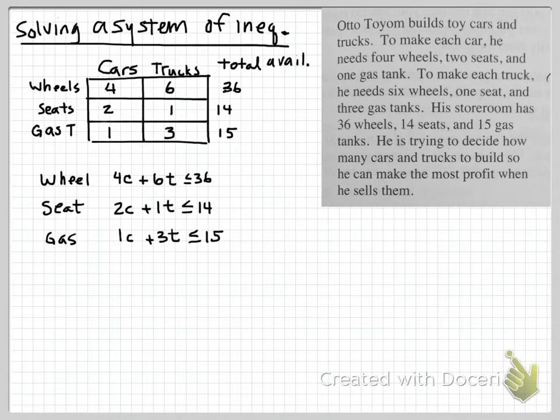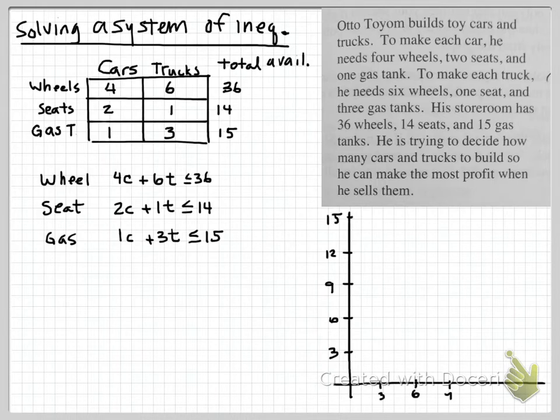So I'm going to think about graphing these now, because really they're all lines, right? And not only are they lines, but we're going to shade where appropriate. I'm going to start with wheels. I really like it in this standard form. The reason is that if these were X and Y instead of C and T, the way we would approach graphing this is we would let X equal 0 to solve for the Y-intercept and Y equal 0 to solve for the X-intercept.